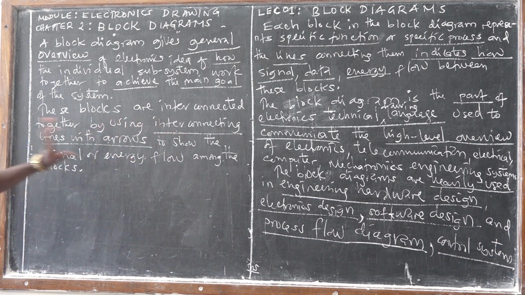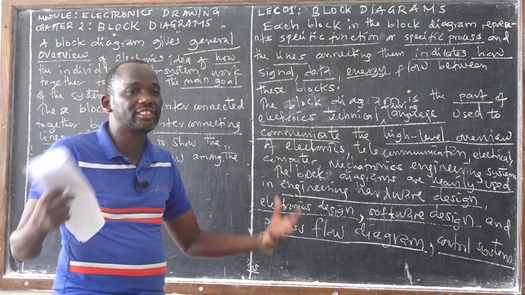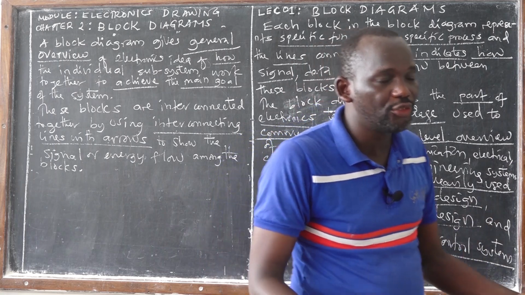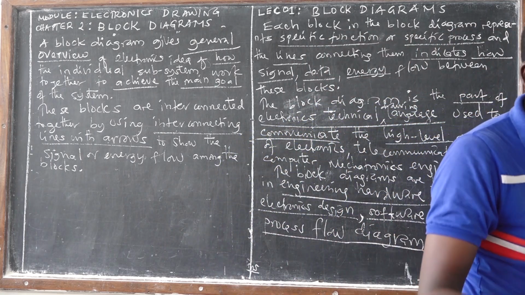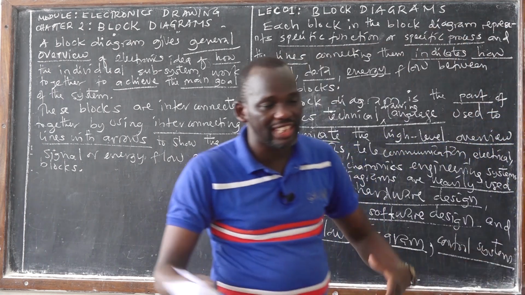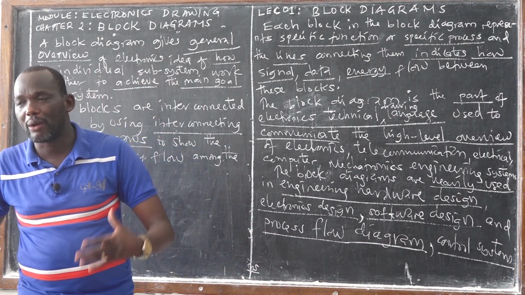Similarly, block diagrams always give you a general overview. Block diagrams will never tell you the details about the electronics components that you are going to use in implementing your circuit diagram, your schematic diagram, designing the PCB layout, or how you are going to mount the electronics components.